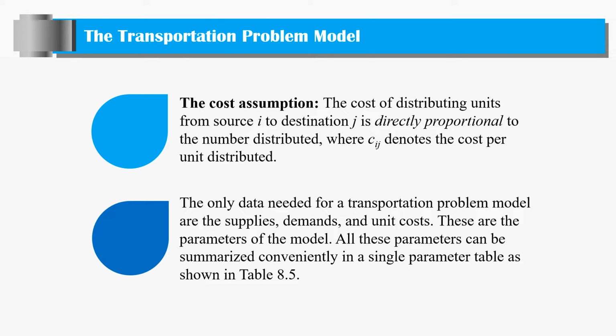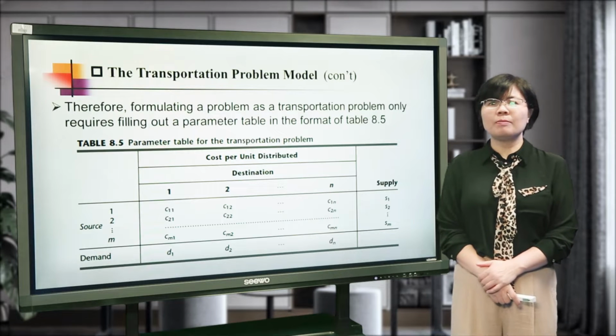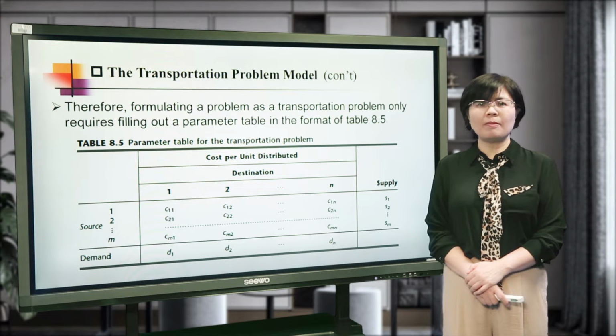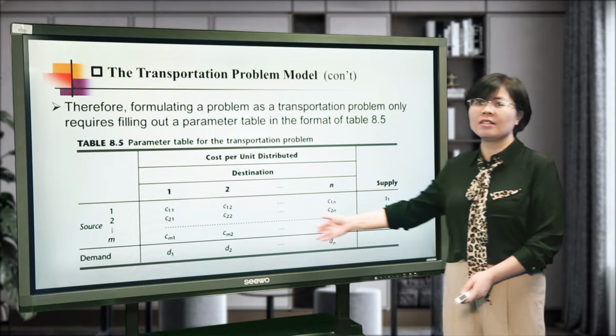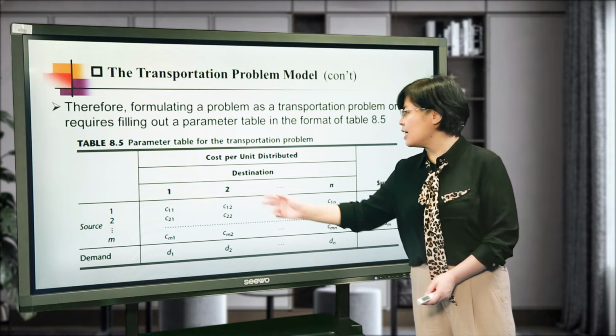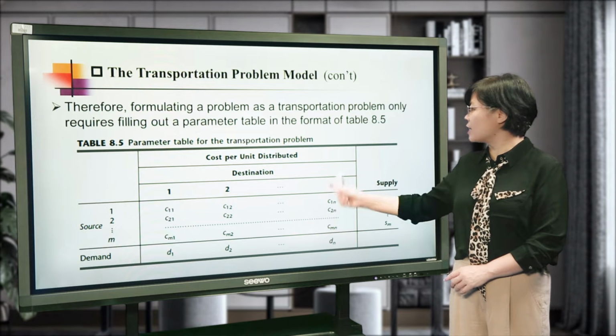All these parameters can be summarized conveniently in a single parameter table as shown in this table. Therefore, formulating a problem as a transportation problem only requires filling out a parameter table in the format of this table.